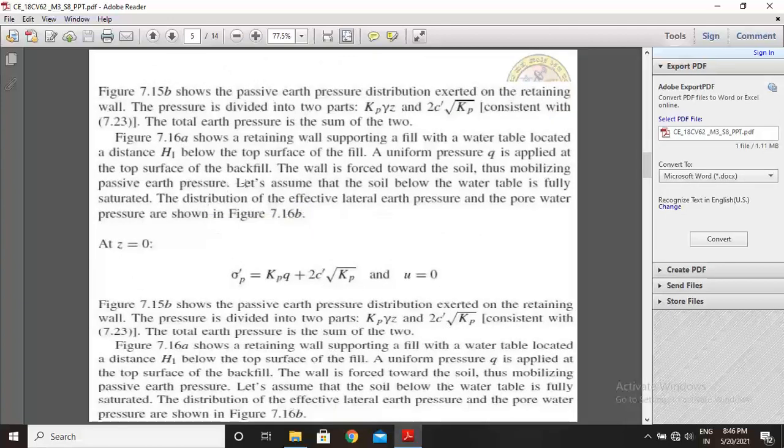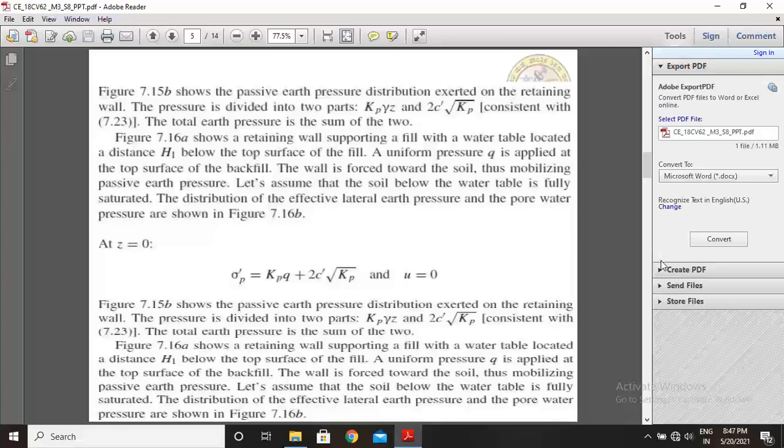Figure 7.16a shows a retaining wall supporting a fill with a water table located at a distance h1 below the top surface of the fill. A uniform pressure Q is applied at the top surface of the backfill. The wall is forced towards the soil, thus mobilizing passive earth pressure.